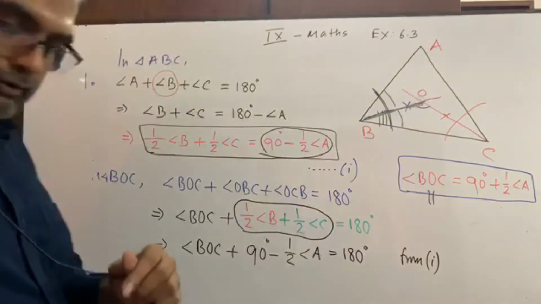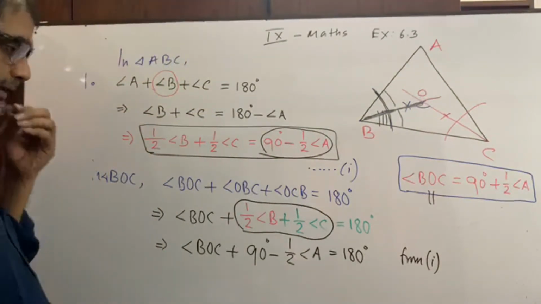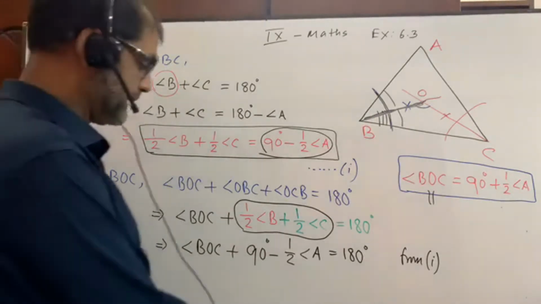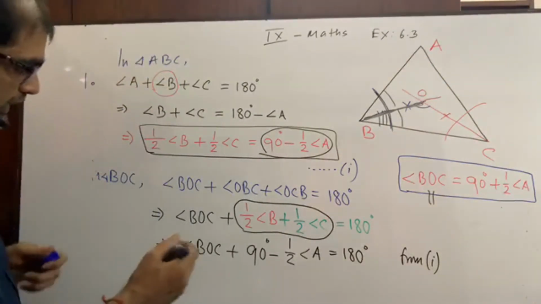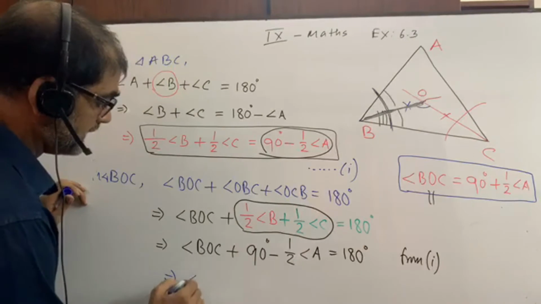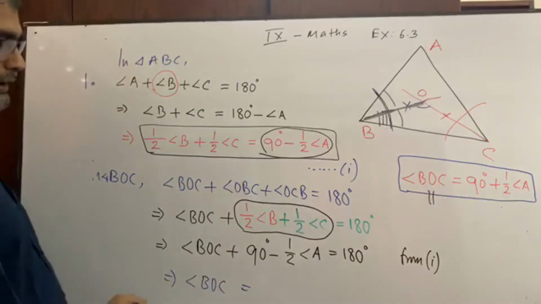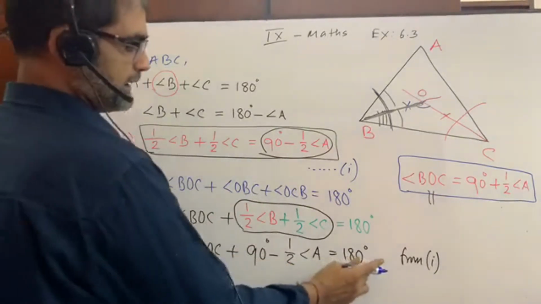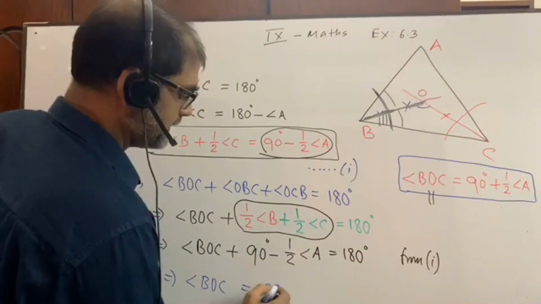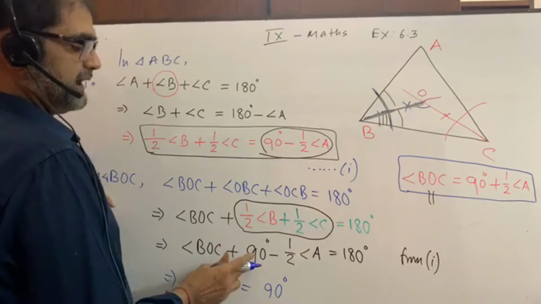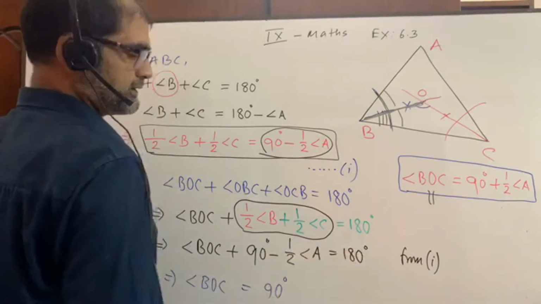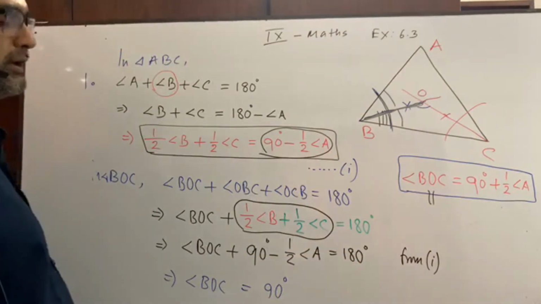Now let's see, angle BOC, which is to be found in this question, equals what? If the 90 degrees is taken to the right hand side, 180 minus 90 equals 90 degrees.